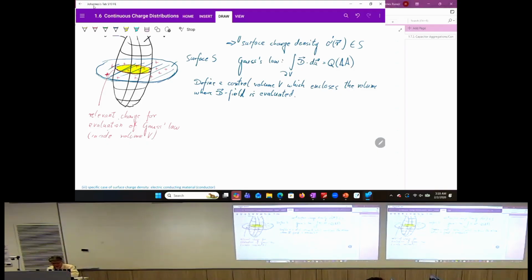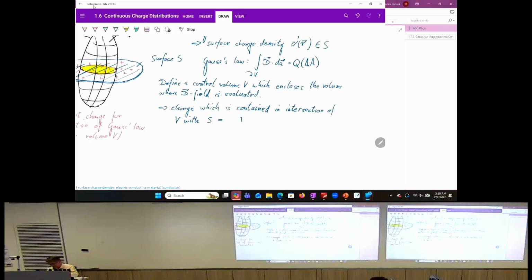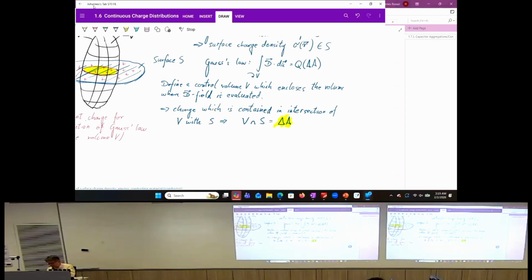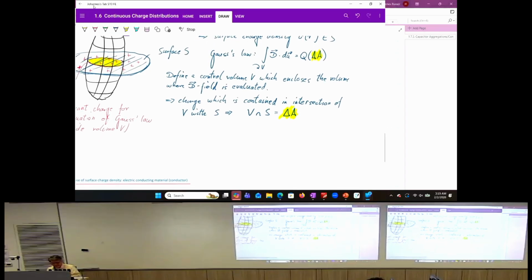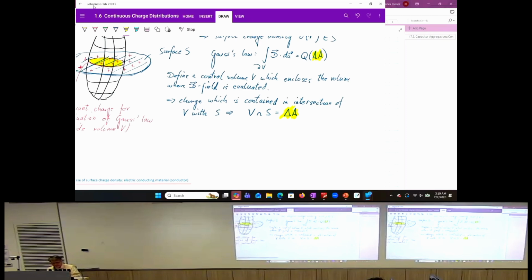It means we're looking here at the charge which is contained in the intersection of the volume with the surface. So that's basically our relevant surface area. This area, the surface which is contained in the volume, is what we obtain when we evaluate our flux integral and use Gauss law.